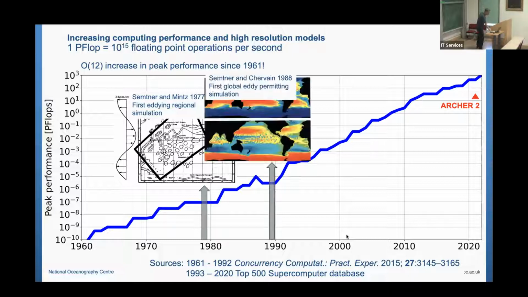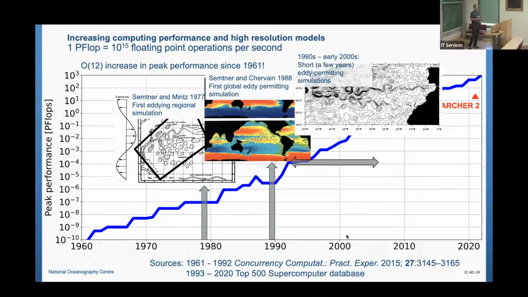The late 1980s is when we had the first example I've come across of a global model where we could simulate some eddying features in the ocean on a global scale, not just regionally. Then, moving closer to the present, in the 1990s there was a flurry of activity where eddy-permitting models were developed, but they were quite simple, with very few vertical layers, not much resolution within the body of the ocean, or they were run only for a very short period of time.